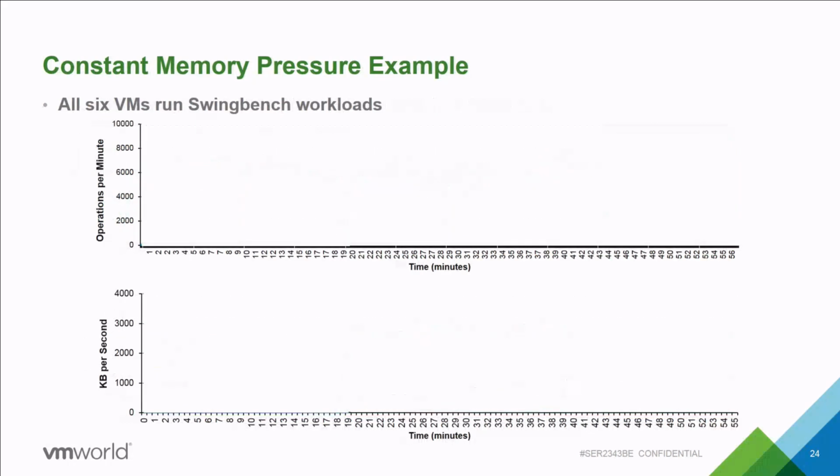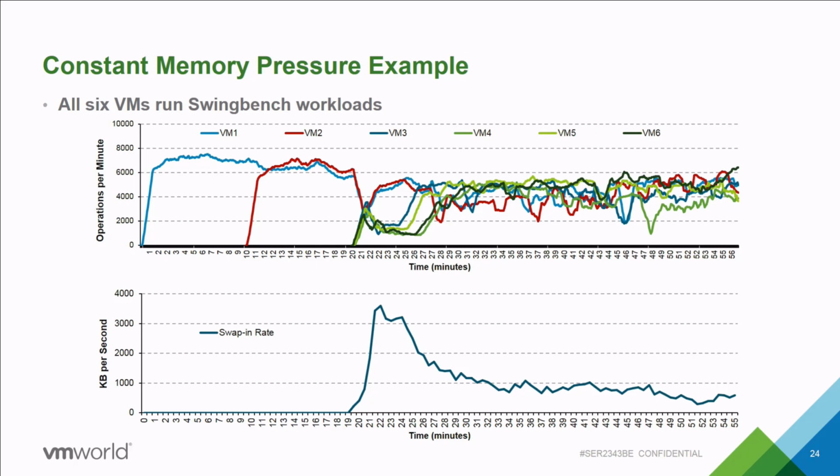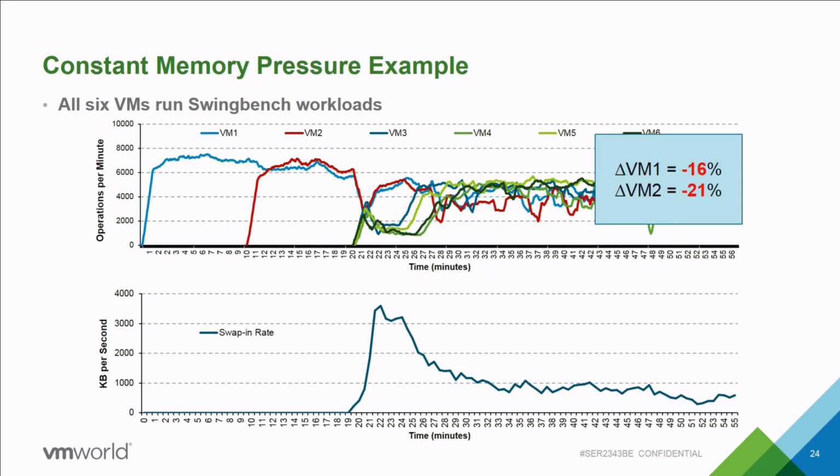But if the memory pressure is persistent, if memory is really overcommitted, then we start to do swapping. Swapping is very, very bad, and you will see real performance degradation.